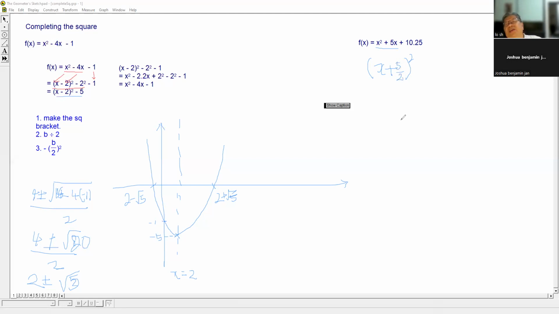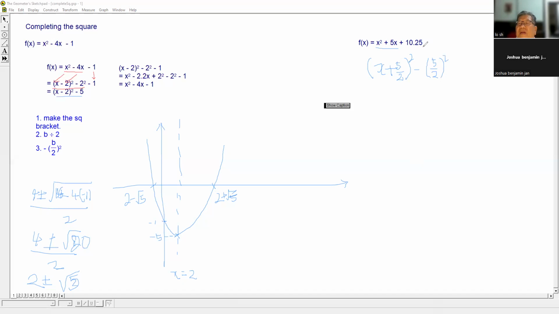Wow, very easy. Sudah dapat. Right? You already get the square bracket. But you have to minus something there. What must you minus? Okay. Minus 5 divide 2, 5 over 2 square.